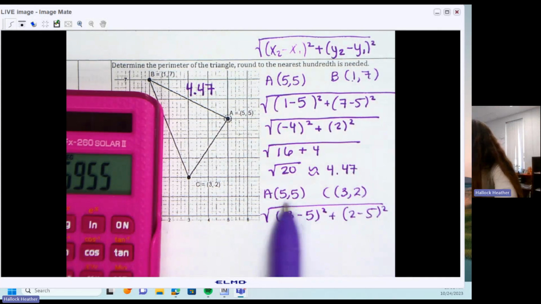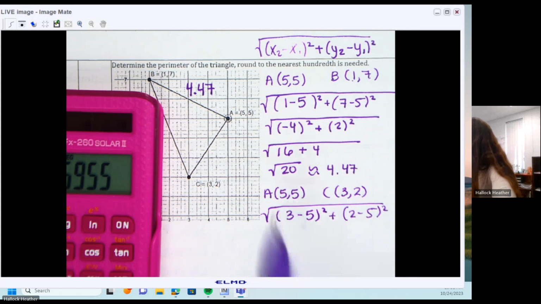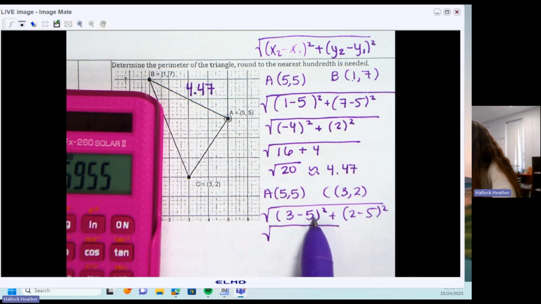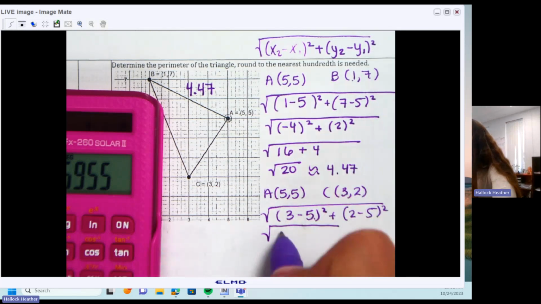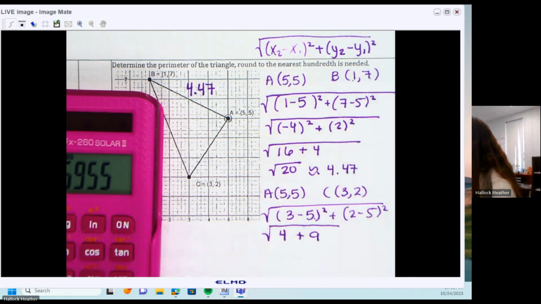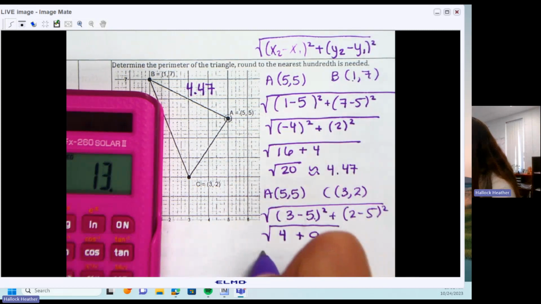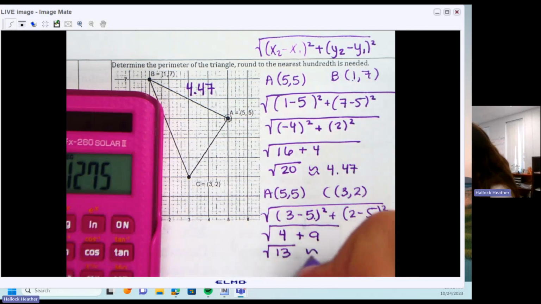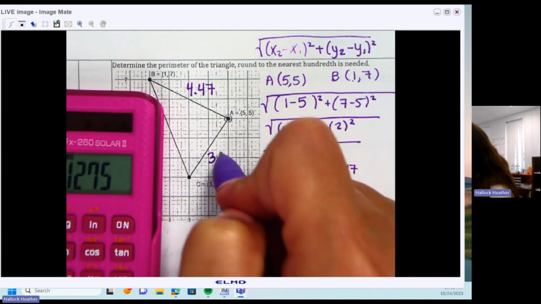X's subtract, Y's subtract. 3 minus 5 is -2, and -2 to the power of 2 is 4. 2 minus 5 is -3, and -3 to the power of 2 is 9. 4 plus 9 is 13. If I shift square root, I get around 3.61. So this length is 3.61.